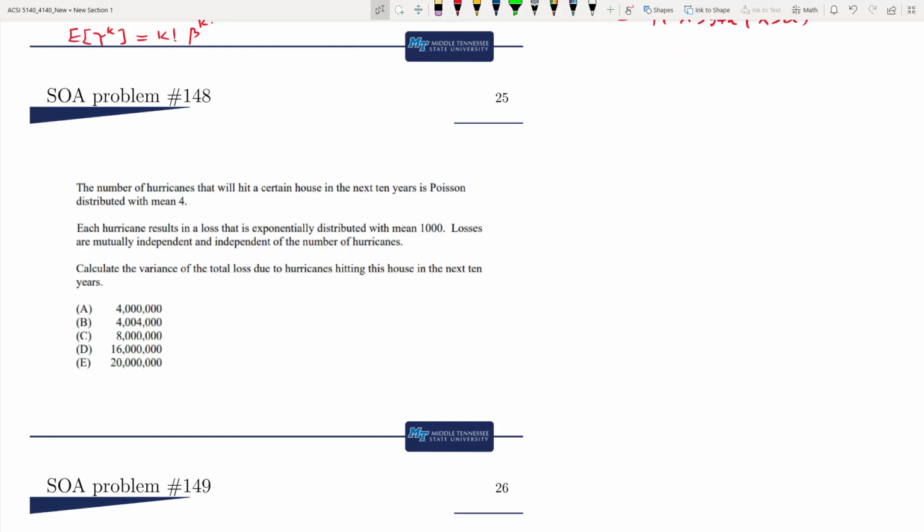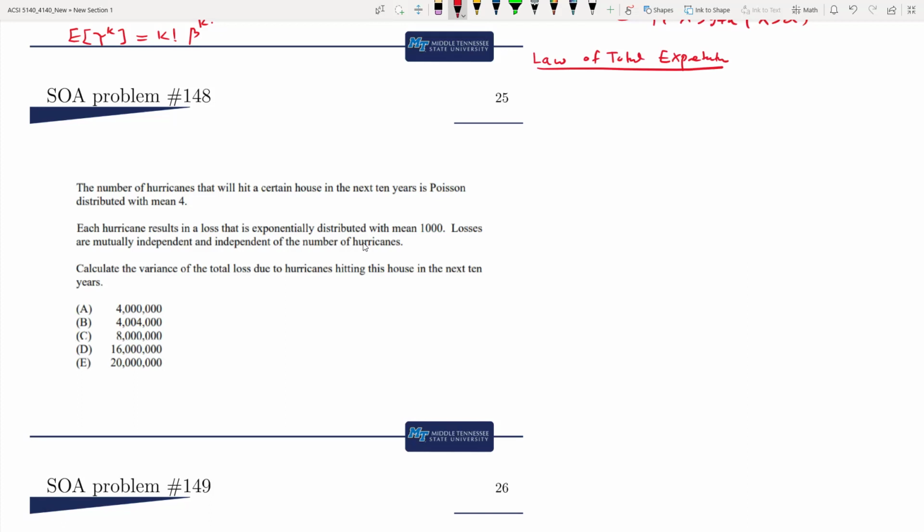For this particular problem, you need to know the law of total variance. So I'm going to write two laws, which are going to be very helpful over time. Sometimes we haven't done this in our class, but knowing it is very useful. So one is the law of total expectation.